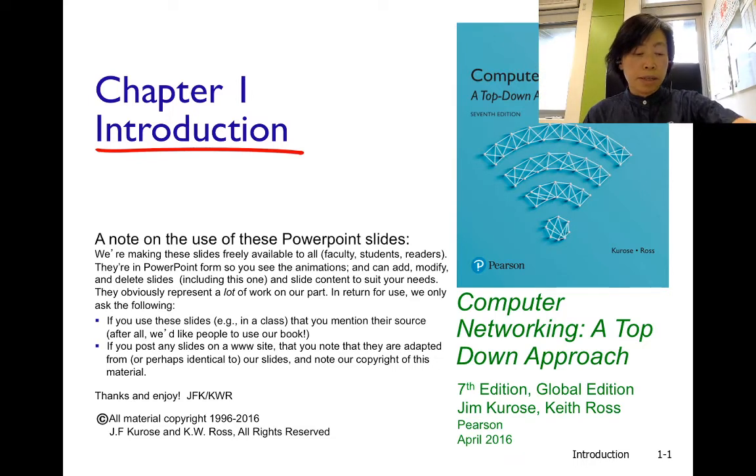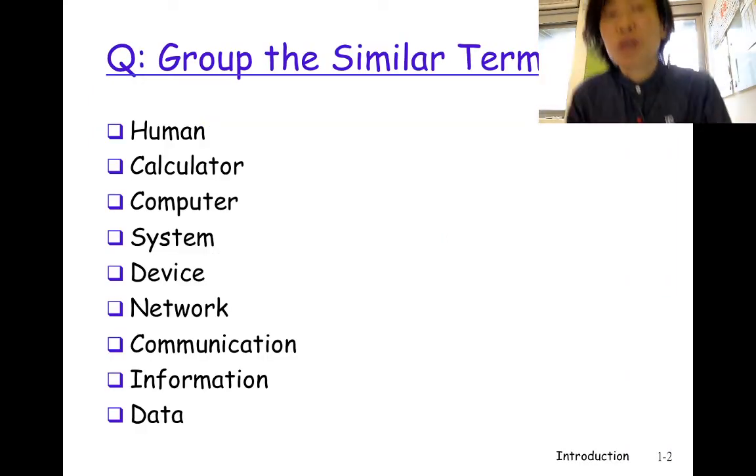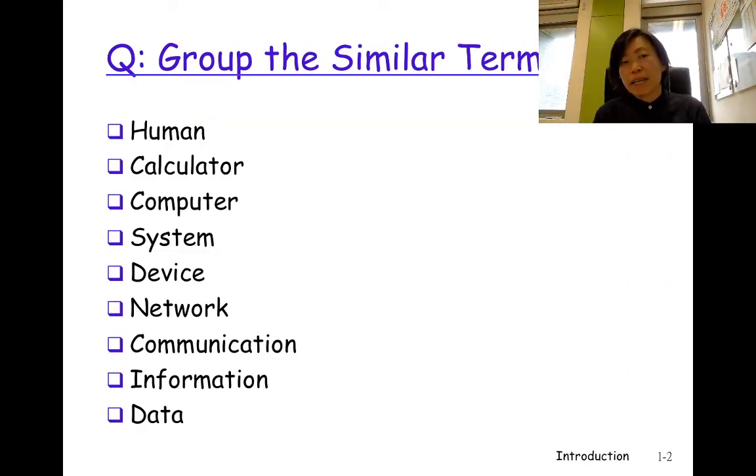All right, so let's come back to the lecture. So this is chapter 1. Well, before I actually start, let's try to exercise a little bit, okay? Although we cannot be exactly very interactive, let's see if we could still try to do some sort of brainstorming. Good.